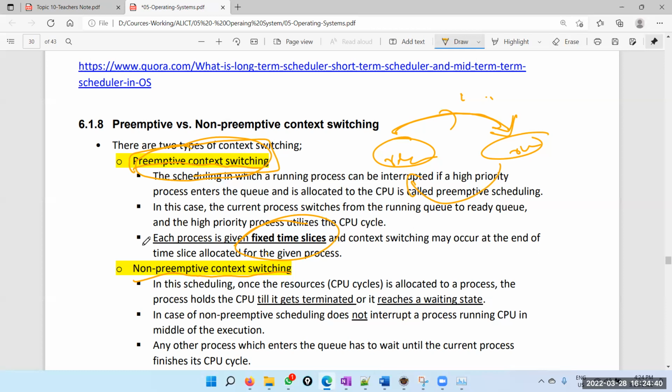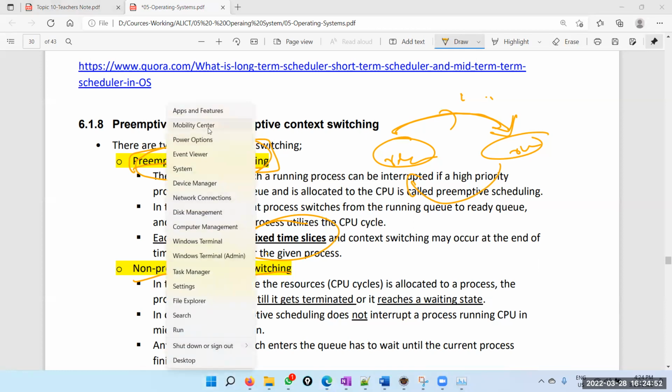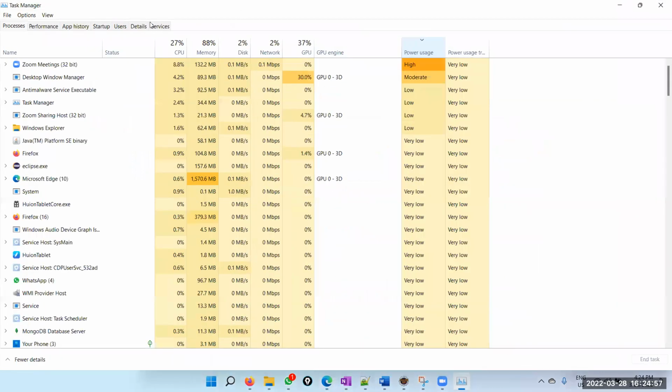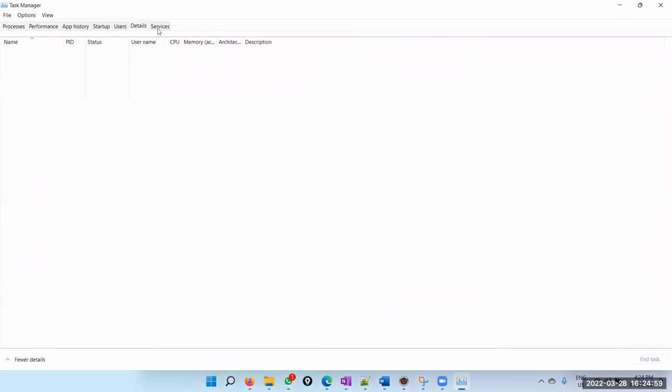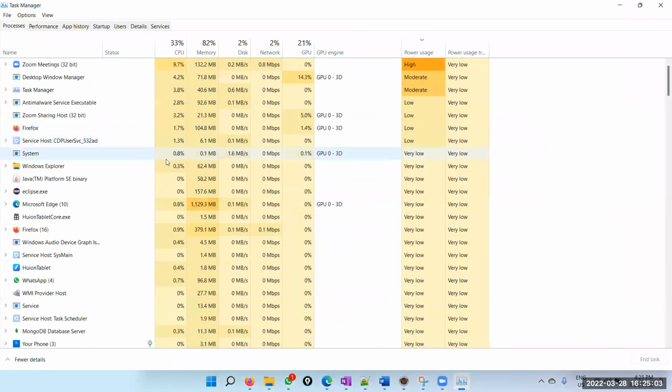There's something called priority. Usually we don't go and change it, but if you are configuring a server, like a software engineer, then you will do that kind of thing. So again, I'm going back to the task manager. There's something called, here, there are some services, etc.